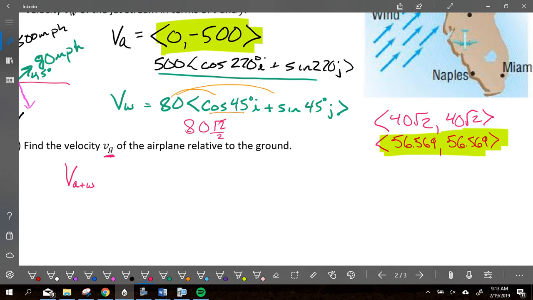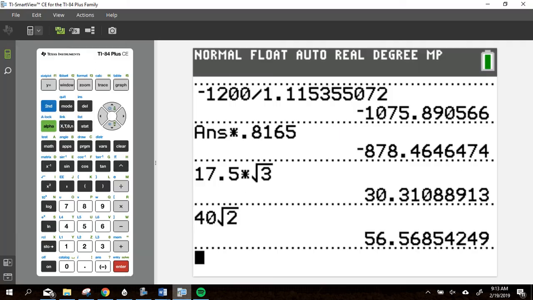Add them together. And so my velocity of my airplane plus wind is going to be 0 plus 56.569. That's going to be my x value. My y value is going to be negative 500 plus 56.569.